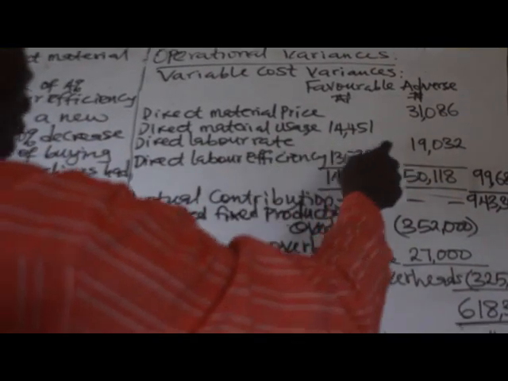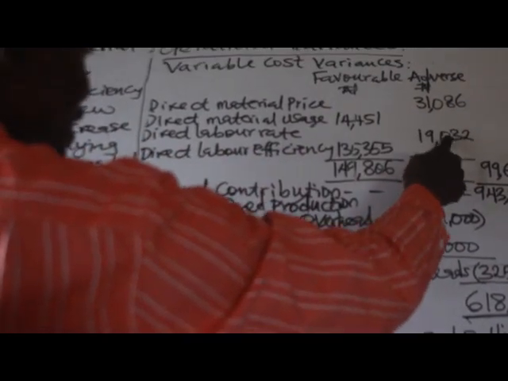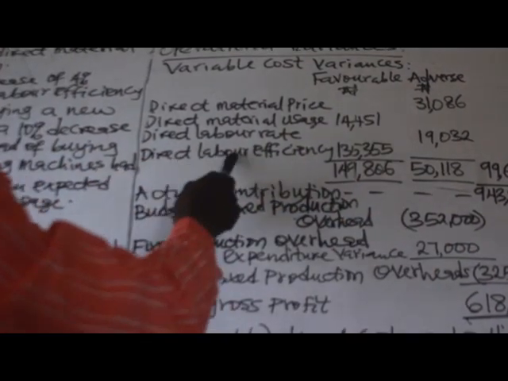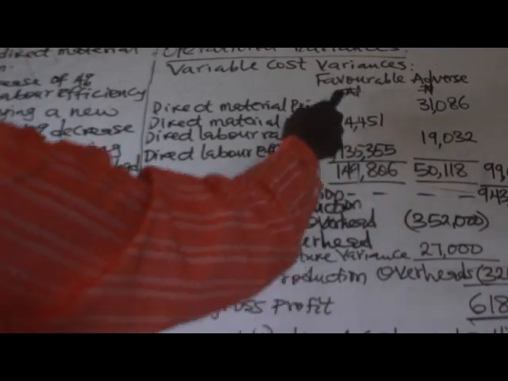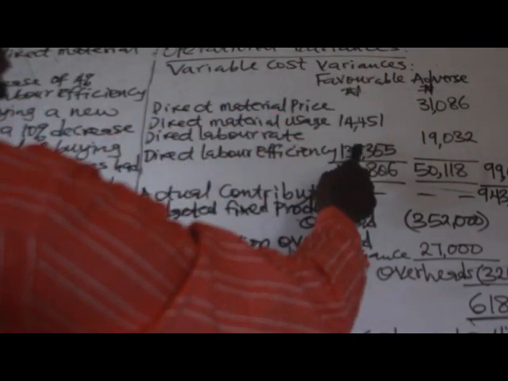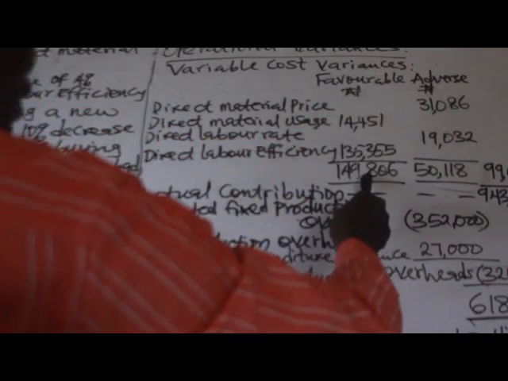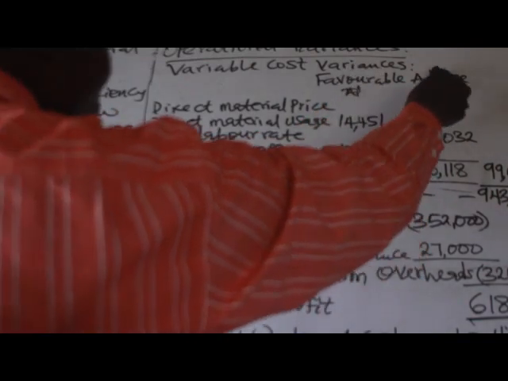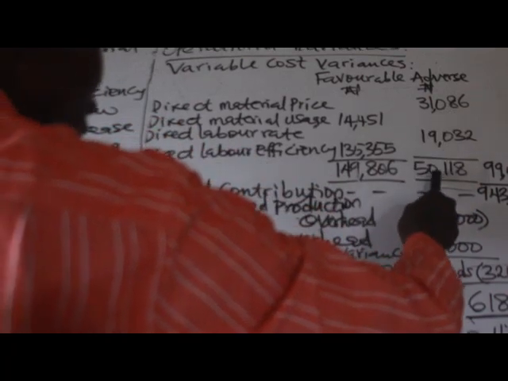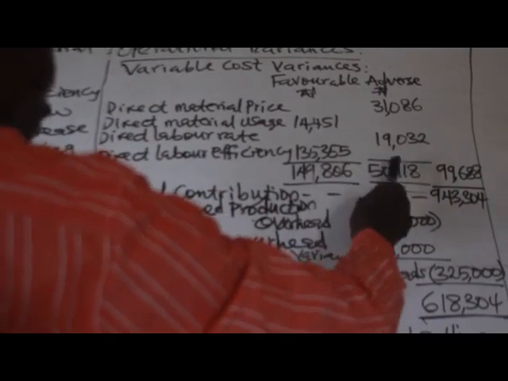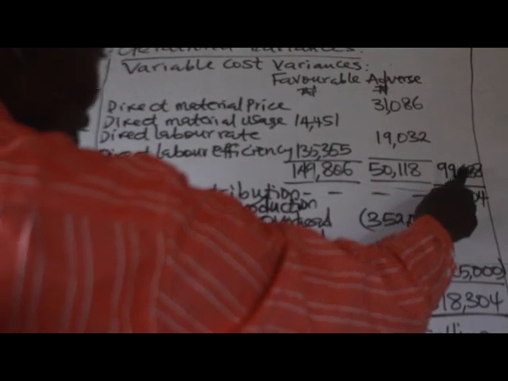Direct labor rate operational variance 19,032. Direct labor efficiency operational variance 135,355. The sum of all the favorable variances is 149,806, while the sum of the adverse variances is 50,118. The net difference between favorable and adverse variances is 99,688.